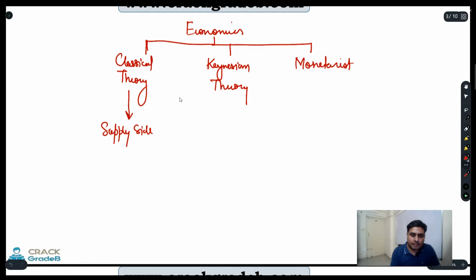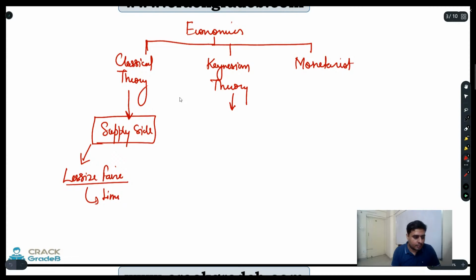supply side, right? And when they emphasize supply side, they say laissez faire, meaning a very limited role for fiscal or monetary policy, right?